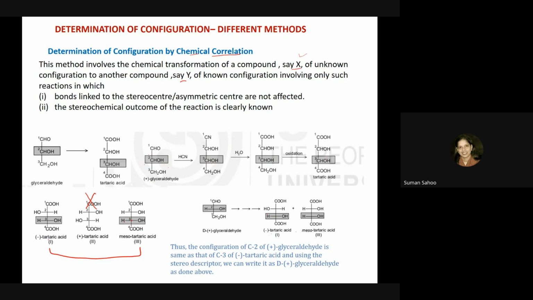That means the configuration on this carbon is the same in our tartaric acid. That means this is the configuration of your glyceraldehyde, which is D-glyceraldehyde. So by chemical correlation, you can find out the configuration of a molecule.